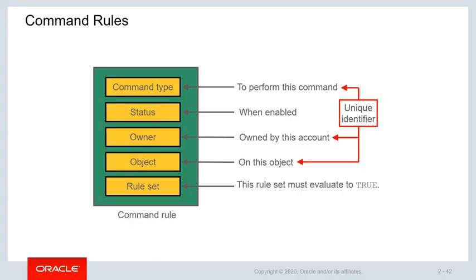You have the object owner and the object name. And then you have the rule set, which is the name of the rule set that protects these objects from this command. If the rule set evaluates to true at the time of attempting the command, it will succeed. Otherwise, a rule set violation error is returned.